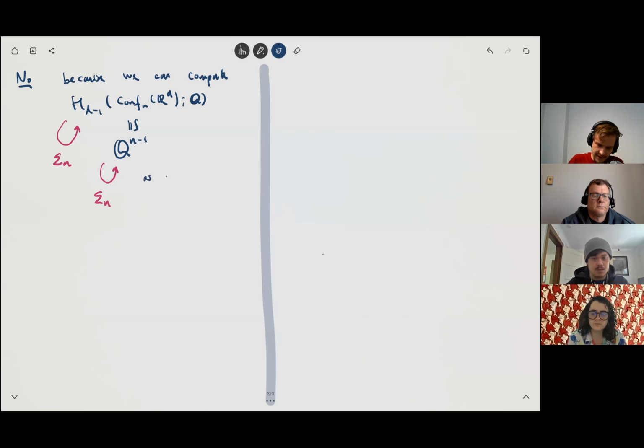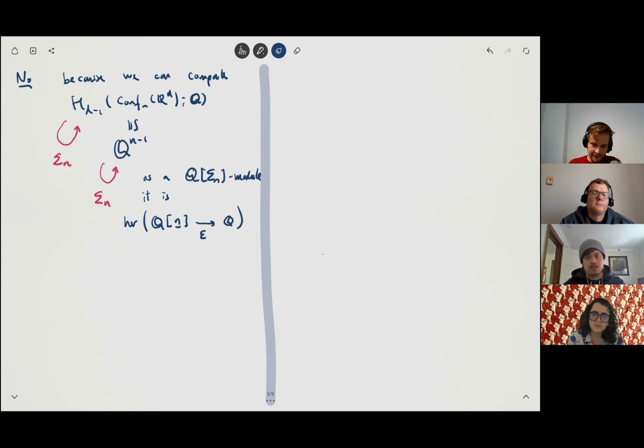So as a Q[Σ_n]-module, so a rational representation of the symmetric group, it is equal to this: you take the regular representation, so the free vector space on a set of n elements. This has a map to Q, the trivial representation, which is the augmentation map. And you take the kernel of that.